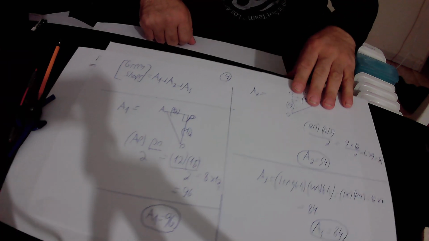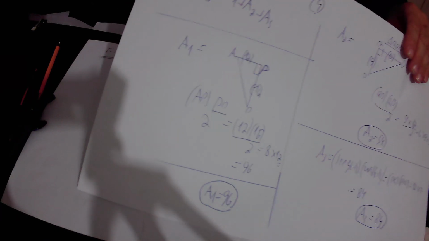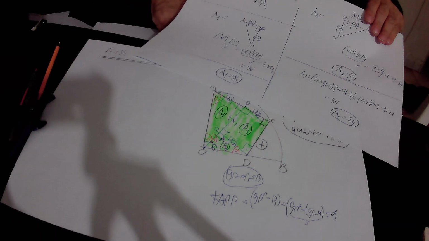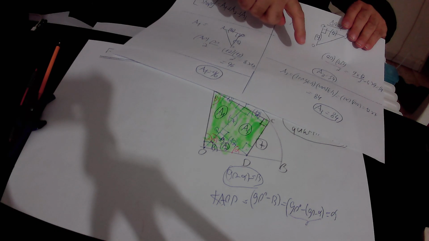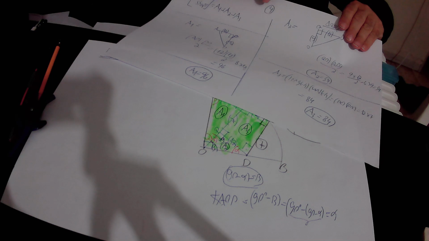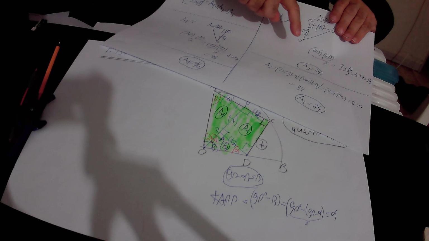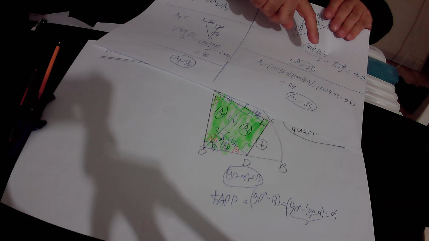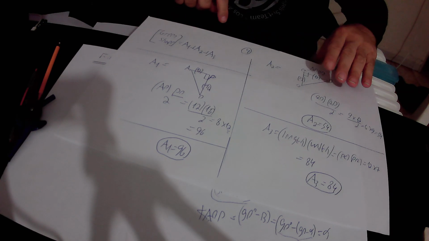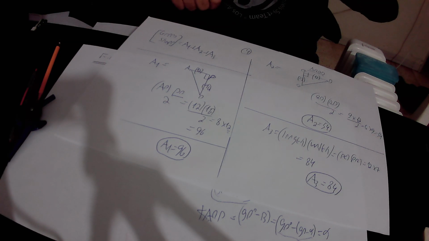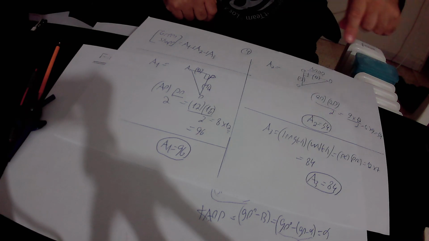And finally we found the value of A3, that is the area of rectangle PCQD. The area of any rectangle is the length times the width. The length is PC, which equals 12 units, and the width is PQ, which equals 7 units. 12 times 7 is 84. So the area of the rectangle, A3, is 84 square units.